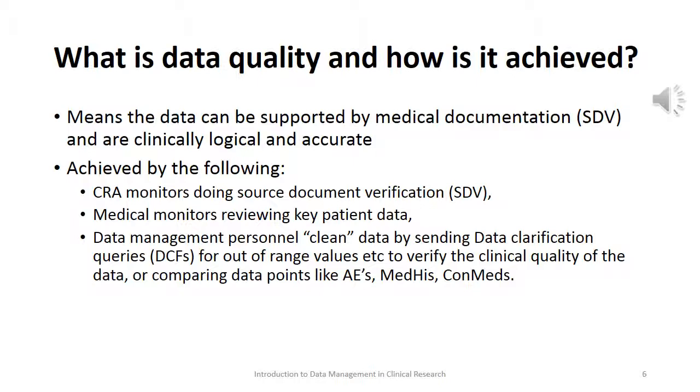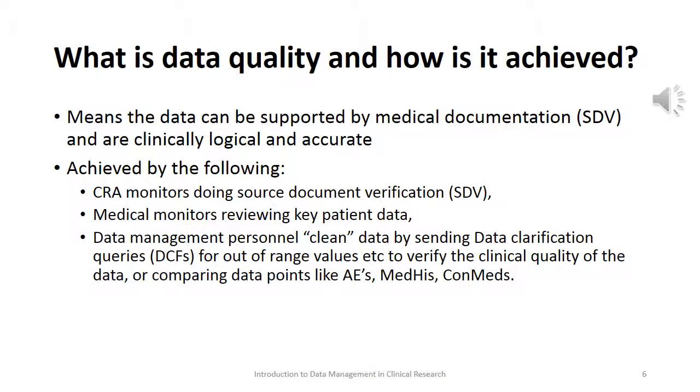So we talked about data quality. We've mentioned that a couple of times up to now, but what exactly is data quality and how do we achieve it? Well, what data quality means is that data can be supported by medical documentation, which is through a process called source data verification, and that the data is clinically logical and accurate.